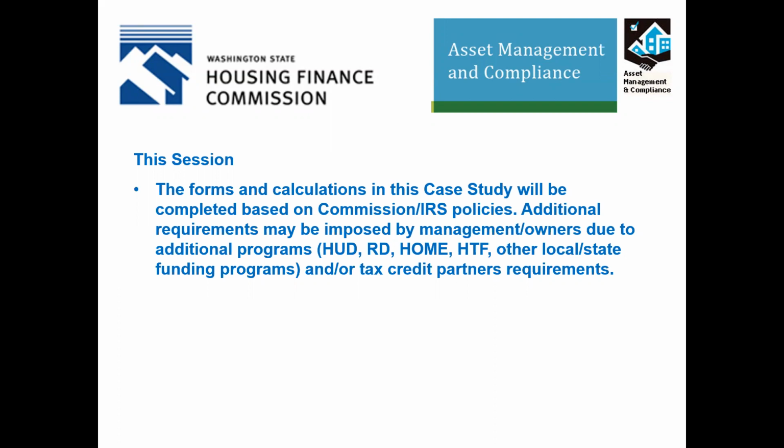In addition, your management company, your owner, or your tax credit partners may have stricter requirements than we do at the Commission, and that is fine as long as you are meeting our minimum requirements. If someone is requiring you to go a step further, that is perfectly acceptable as well. But please realize the training that we're going through is how you would meet the Commission requirements.